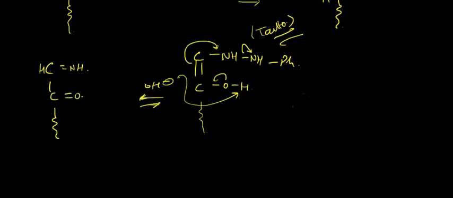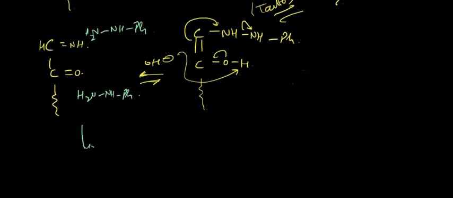Now it will again react with 2 moles of PhNHNH2. So as a result we'll be getting PhNHNH2 here, NHPh here, and similarly we'll be getting the same compound here.